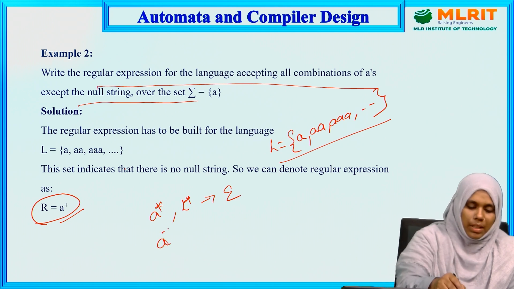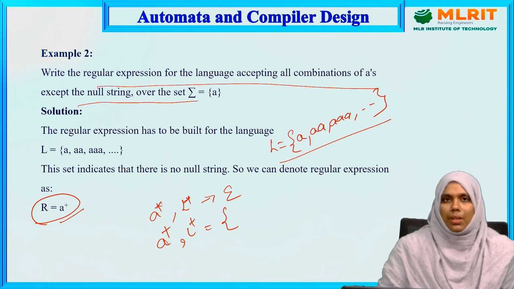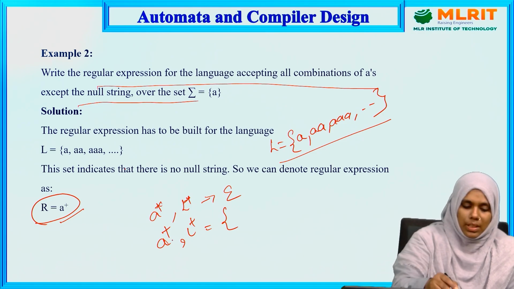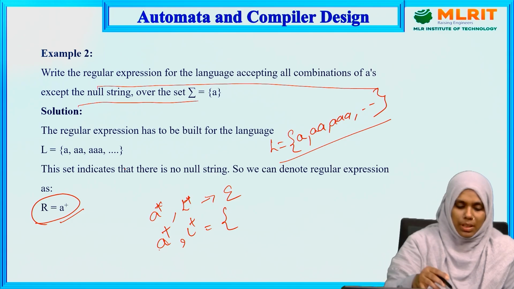But when we write a power plus or L power plus, the null string should not be included. This is the major difference between the closure and the positive closure.